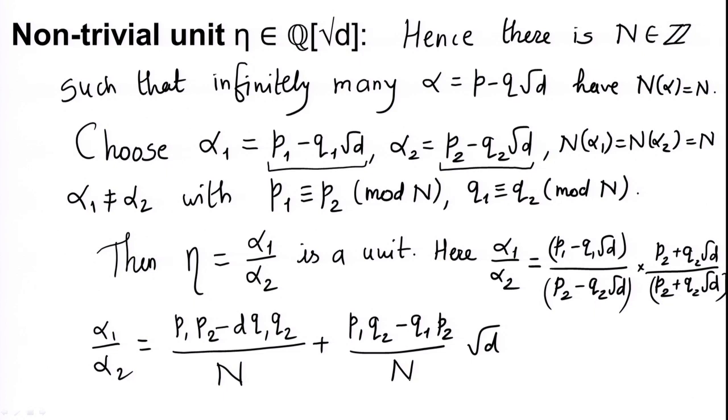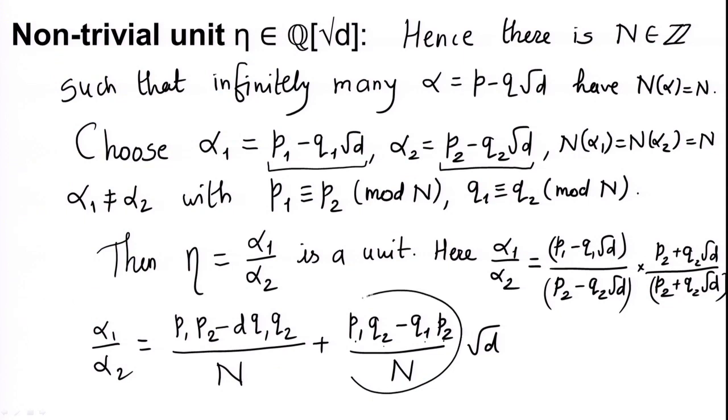Now, this norm, so since p1 is congruent to p2 mod N and q1 is congruent to q2 mod N, we have that p1 q2 is congruent to q1 p2 modulo N, and therefore, this is an integer.